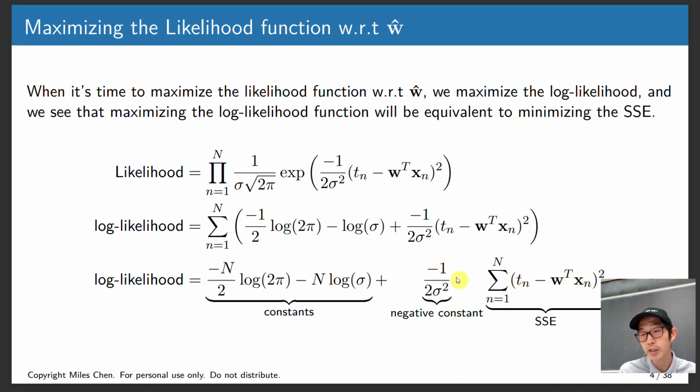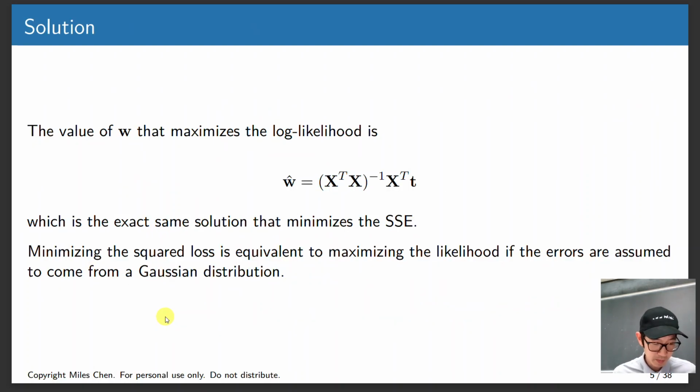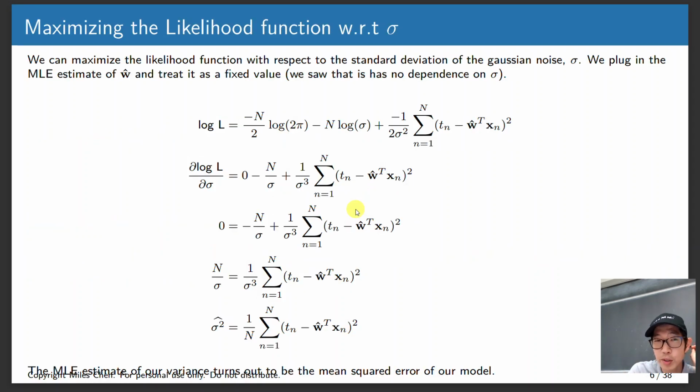It's preceded by a negative constant, and therefore if we're trying to maximize the total log likelihood, then we want to shrink the sum of squared errors to be as small as possible, so that after it's multiplied by this negative constant, the result is as large as possible. And so, solving for that, we get our very familiar solution, X transpose X inverse times X transpose T. Okay, that's the solution we're familiar with.